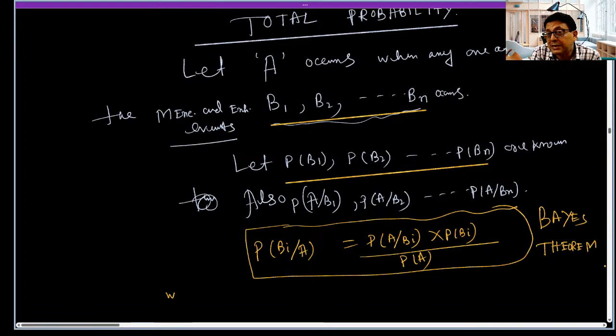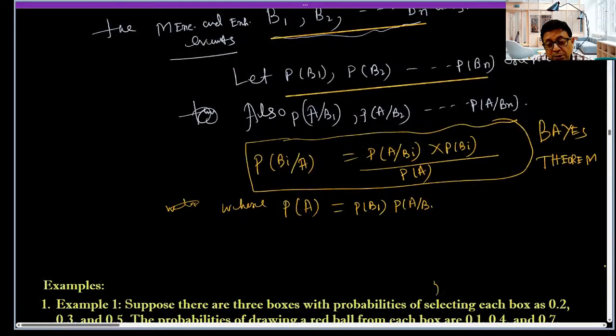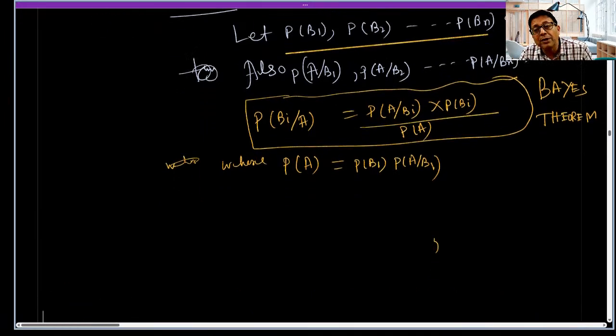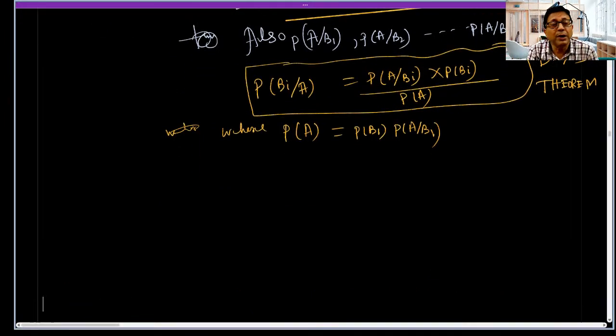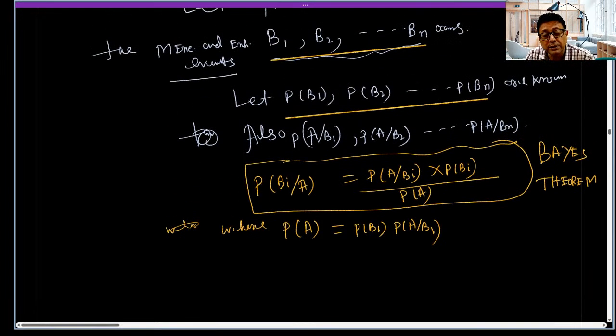Where P(A) equal to, P(A) means event A has to occur. It occurs if B1, B2, Bn, any one of them occurs. So, probability of event B1 when A given B1 is true. And this is the case where any one of the events B1, B2, Bn can occur. So we cannot stop here.